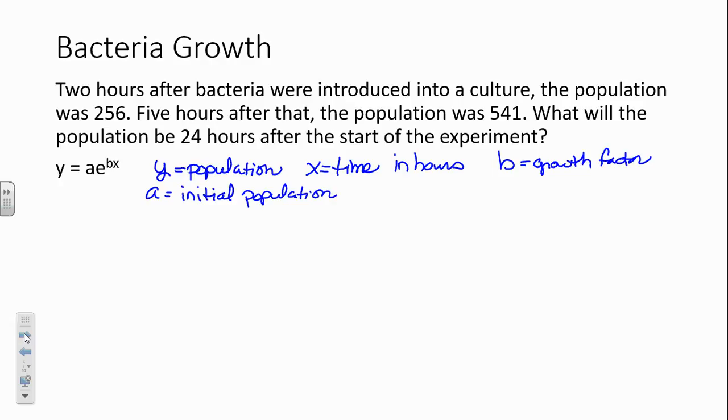All right, so we've got two situations here. We know that 2 hours after they were introduced, the population was 256. So we have 256 bacteria. We don't know how many we started with, and we know that it was after 2 hours, and we don't know what our growth factor is. We have a second piece to this that says 5 hours after that, the population was 541.